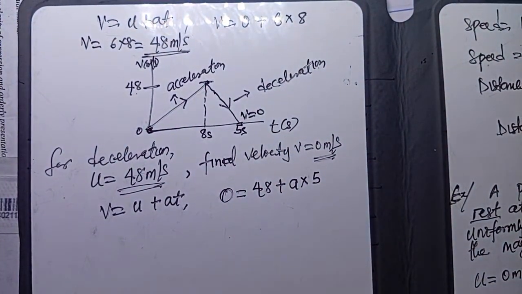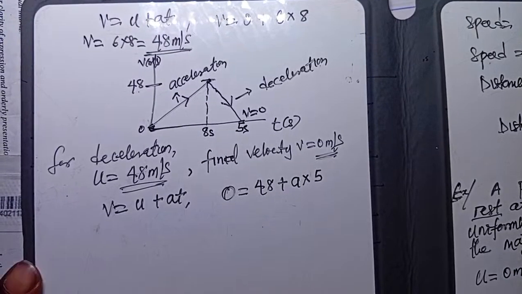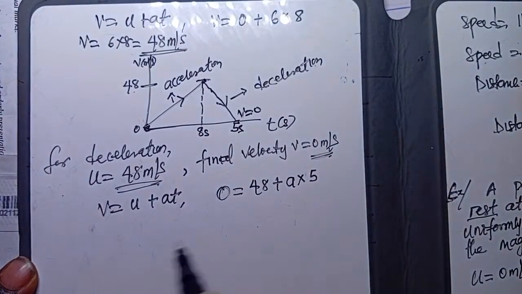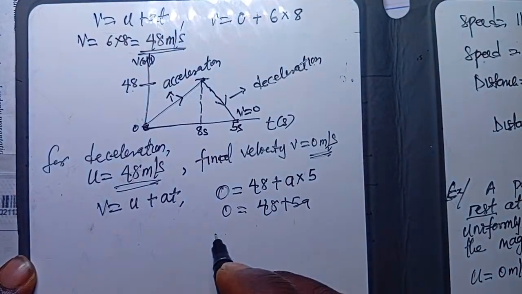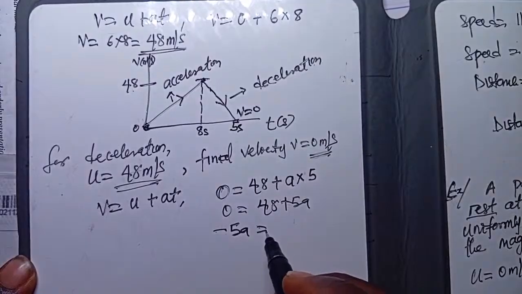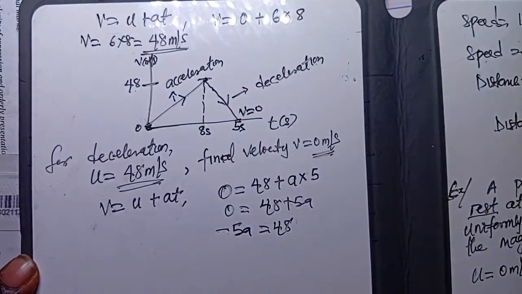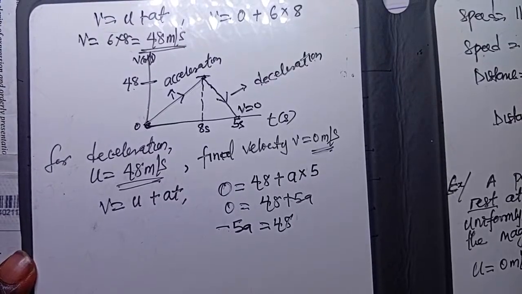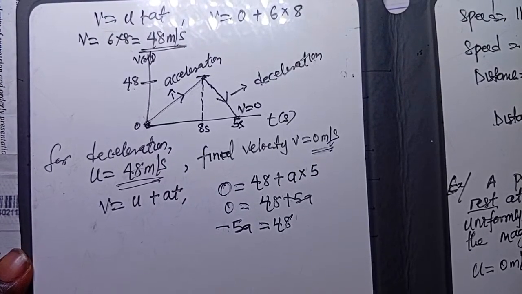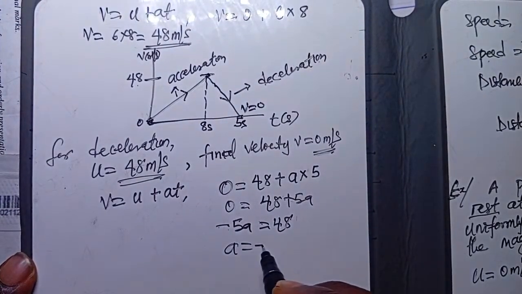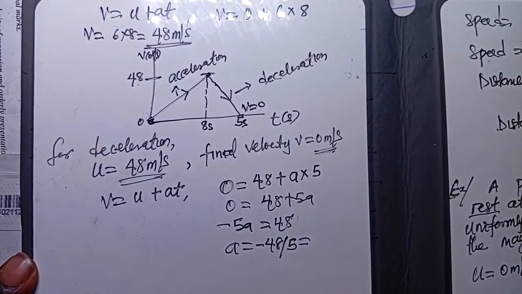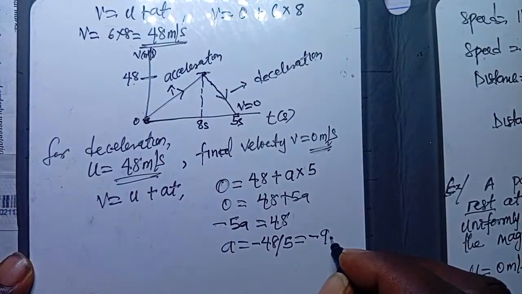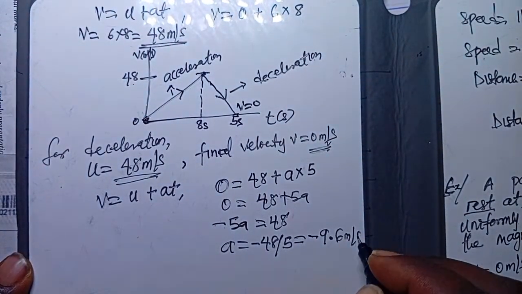So that is how it proves it. Now we have 0 is equal to 48 plus 5a. So we have minus 5a is equal to 48. Therefore, a is equal to minus 48 divided by 5, which is equal to minus 9.6 meters per second squared.